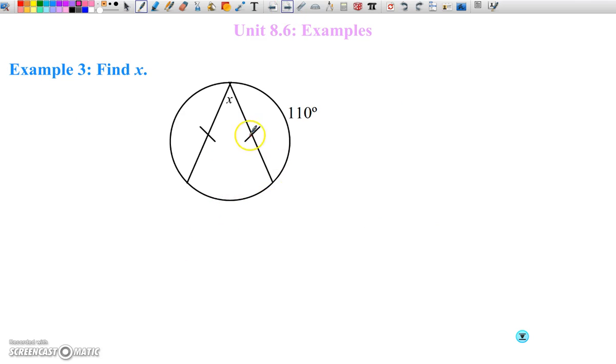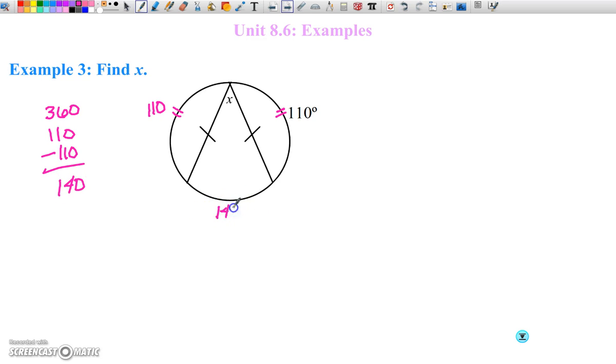And our third example. Remember, in one of the sections we covered earlier, congruent chords form congruent arcs. So this arc would be congruent to the arc over here, 110. To get this one, we take 360 and subtract our 110s from it: 360 minus 220 is 140.